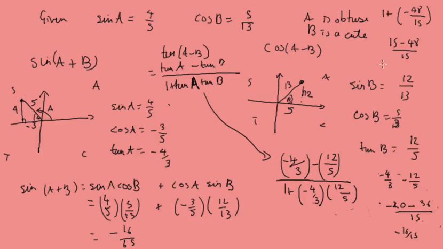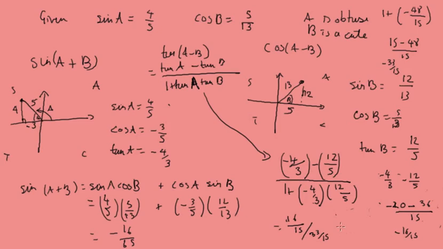So it's going to be minus 33 over 15. So what we end up having here is two minuses which will cancel each other. So we'll have 16 over 15 divided by 33 over 15.